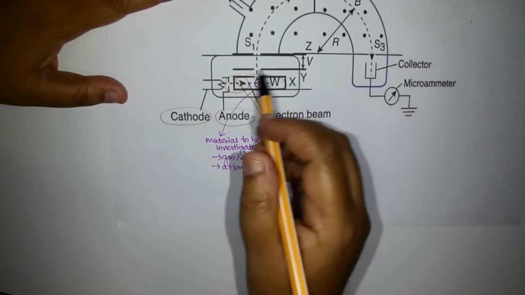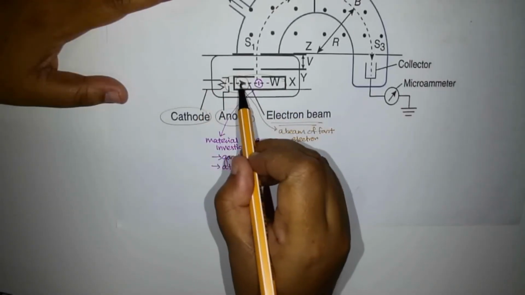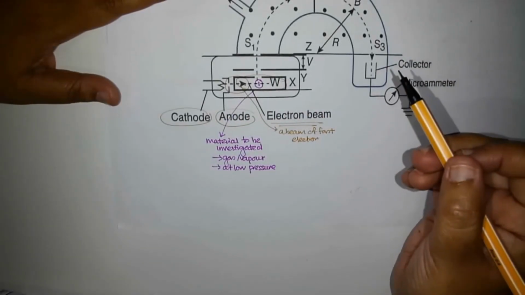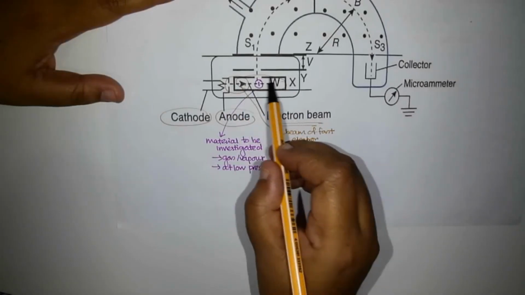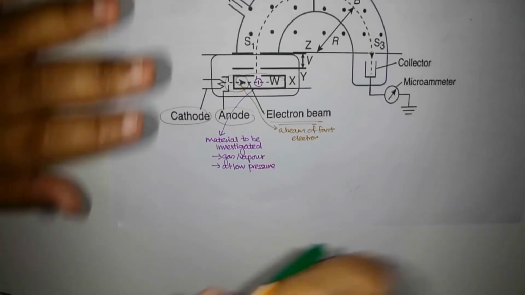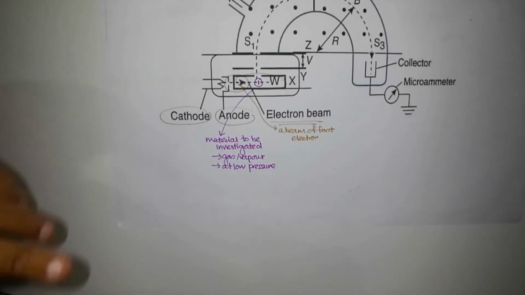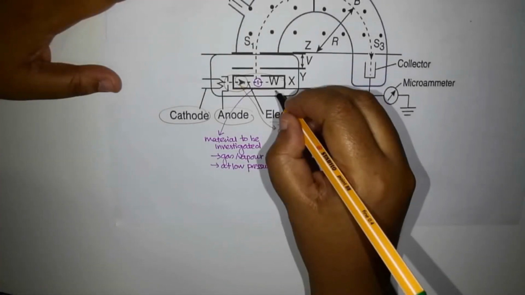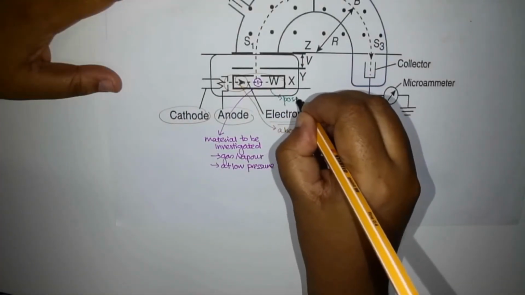The beam of fast electrons produced from this will collide into the material that we want to investigate. Once it collides, some of the material will ionize, and we will have positive ions.